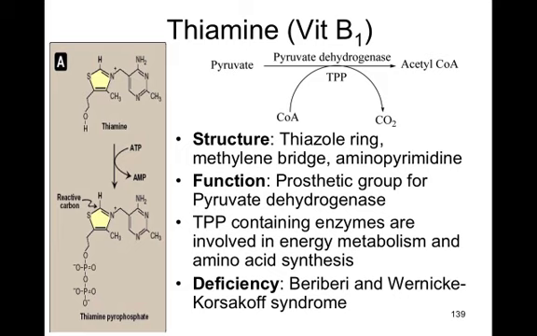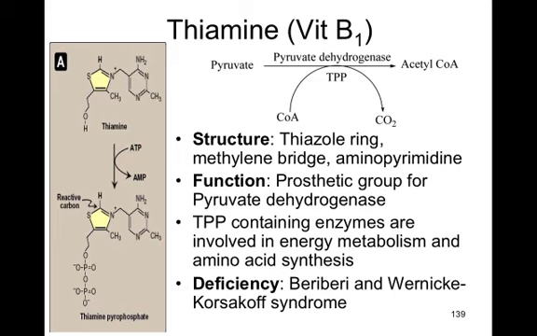In terms of energy metabolism, it is required for oxidative decarboxylation of pyruvate to form acetyl coenzyme A. Acetyl coenzyme A, or acetyl CoA, is a molecule that participates in many biochemical reactions in protein, carbohydrate, and lipid metabolism.